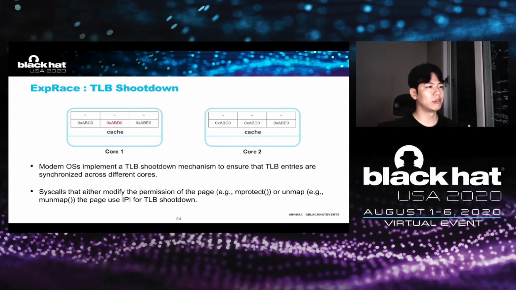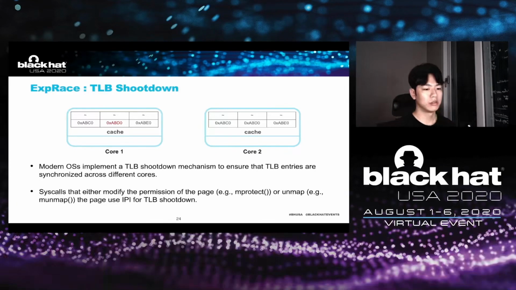So we found the system call that performs TLB shootdown internally transmits IPI. Since each CPU core has its own TLB, all TLB entries across different cores should be synchronized in multiprocessor systems. TLB shootdown is a process to synchronize the TLB of each core.